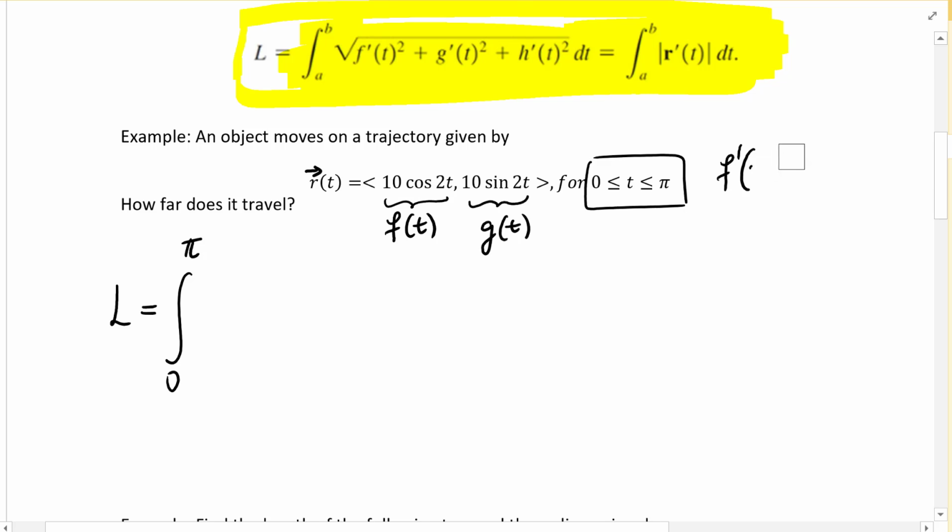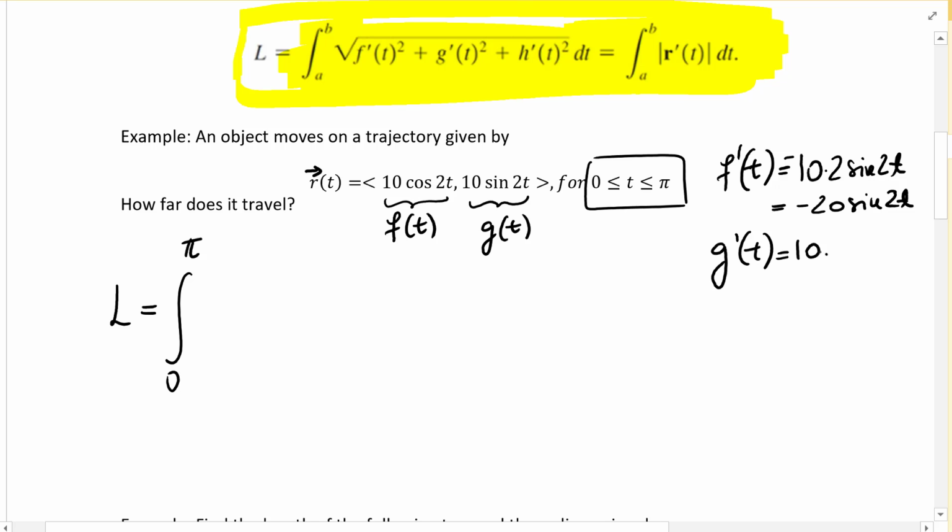F prime of t is equal to 10, and then the derivative of cosine of 2t is negative 2 sine of 2t. So basically f prime of t is negative 20 sine of 2t. And g prime of t, 10 times the derivative of sine of 2t, which is 2 cosine of 2t, so it's equal to 20 cosine of 2t.